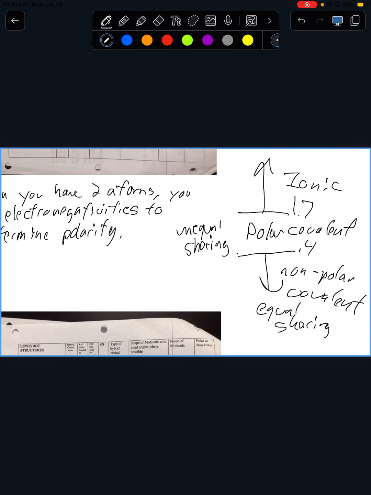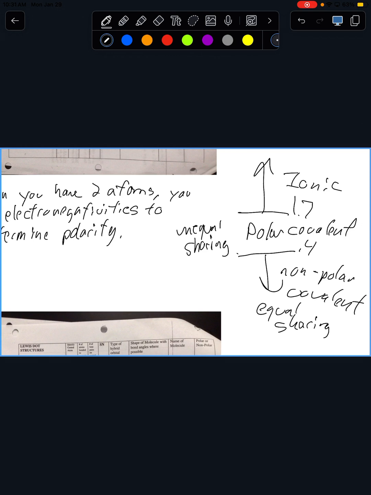I guess the way I kind of look at this is like, relationships. It always comes back to relationships. So ionic, one person pays for the dinner, the tickets to prom, the flowers, and the limo. One person just does everything. That's ionic. Polar covalent is there's some sharing.